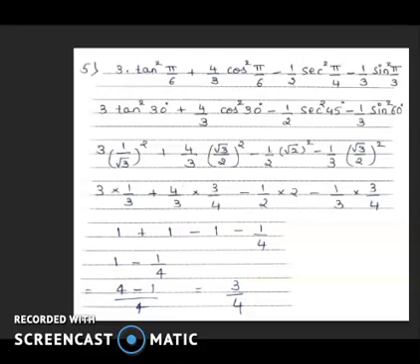Now simplify this step. 1 by root 3 the whole square becomes 1 by 3, and root 3 by 2 the whole square becomes 3 by 4, minus root 2 square is 2 and root 3 the whole square is 3. Root 3 the whole square becomes the number which is inside the root. Now simplify this step. If you simplify, you get 3 by.